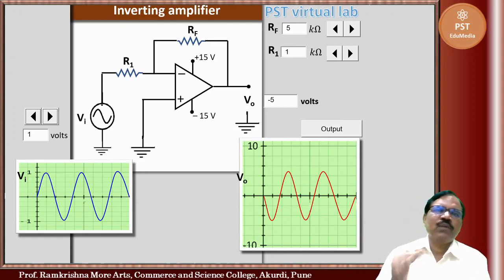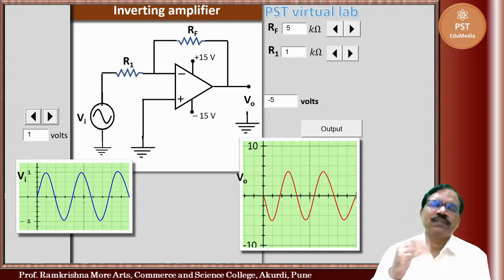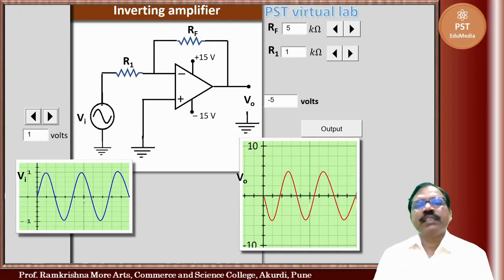So in this way you can change R1, you can change RF, and accordingly we will get the output, but that output is an inverted output. So let us make a table of these.